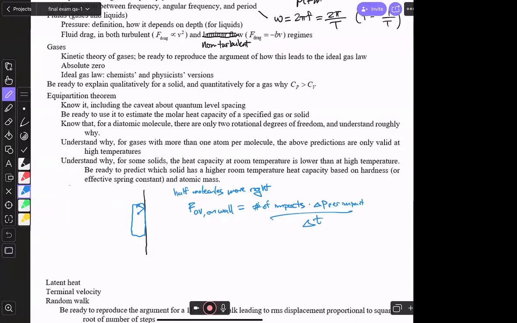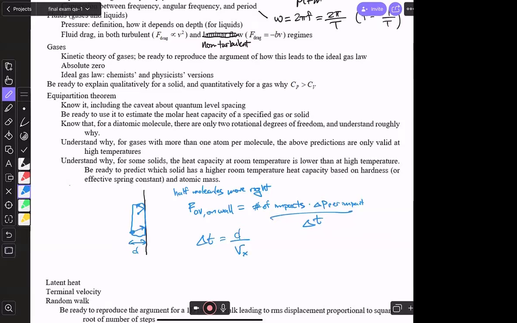And we said that the time is going to be the time it takes for all the molecules in this box to hit the wall. And so the one that's going to take the longest is the one that starts back here. So delta T was, I forget the symbol that we used for the thickness of this box, but let's call it D, D divided by the x velocity of that.